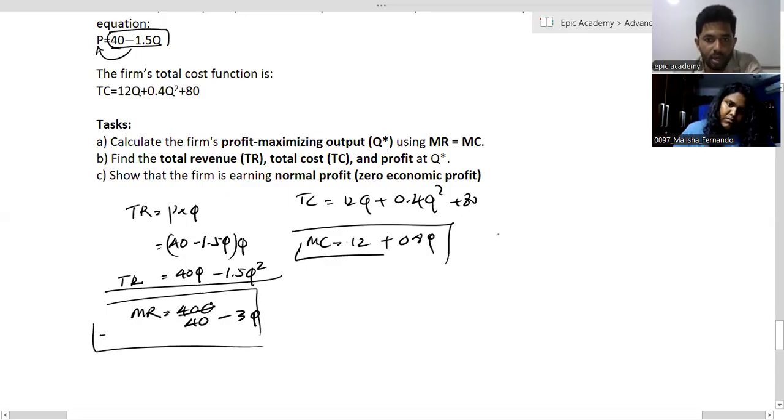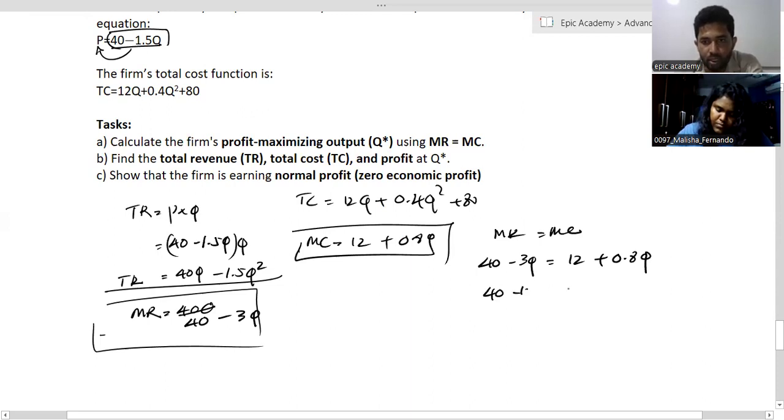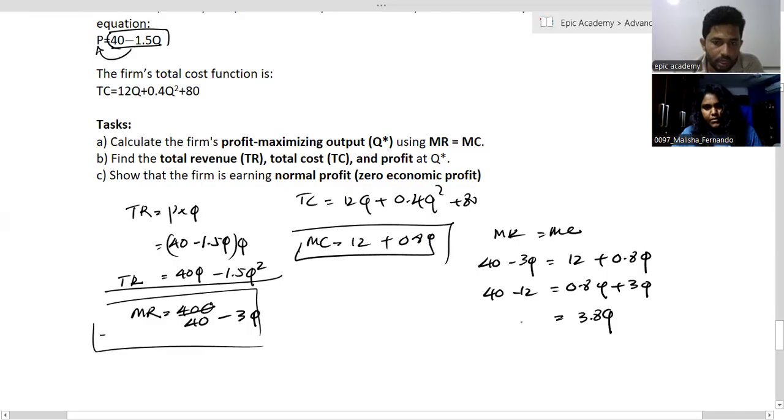Right. And then MR equal to MC. MR is 40 minus 3Q equal to 12 plus 0.8Q. And 40 minus 12 must be equal to 0.8Q plus 3Q. So then it becomes 3.8Q equal to 28.